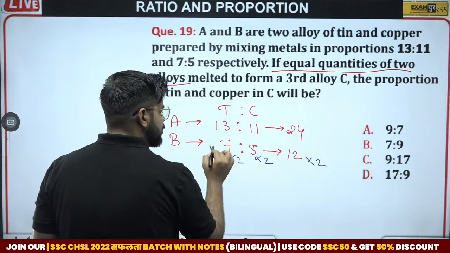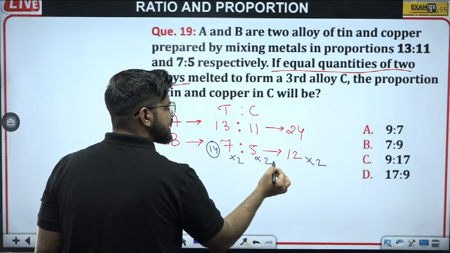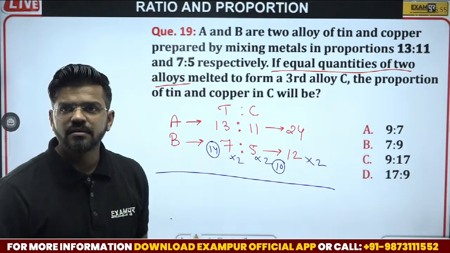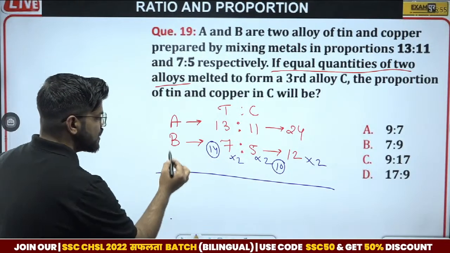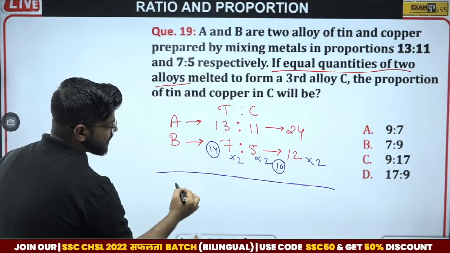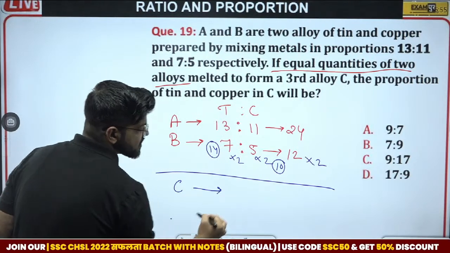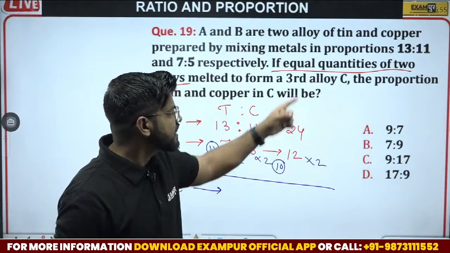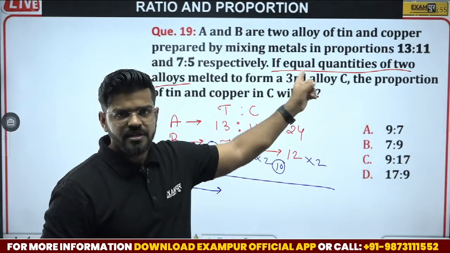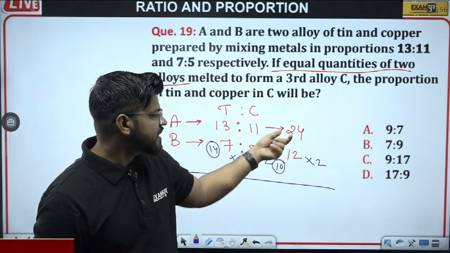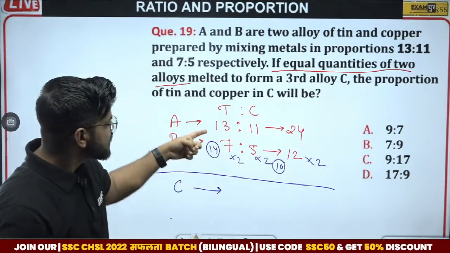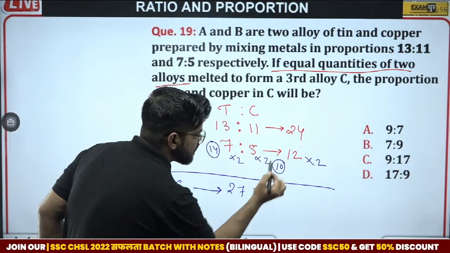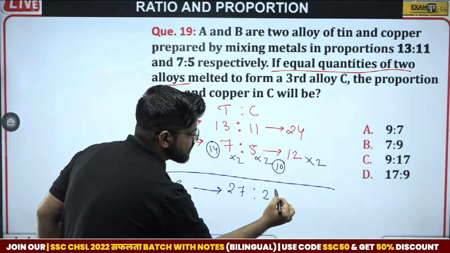So here we get the new value 14, and here we get the new value 10. Now you have to play with the new values. When we add A plus B, it becomes C. After meeting the condition of equal quantities, that means 24 and 24, you just have to add directly. When we add this, we get 27, and when we add this, we get 21.